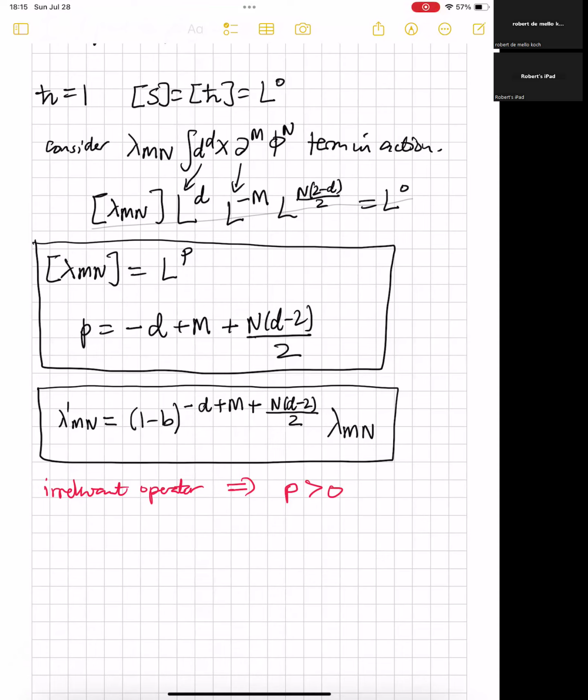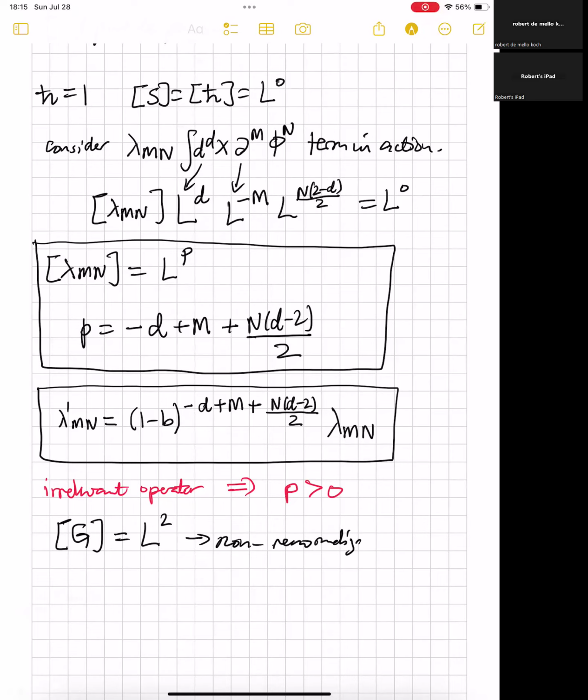Now I want you to remember what we proved with power counting. With power counting, we proved that if you have a coupling with a positive length dimension, this leads to a non-renormalizable quantum field theory. Remember, when we studied Newton's gravitational coupling, this was L squared, and we immediately said this was non-renormalizable.